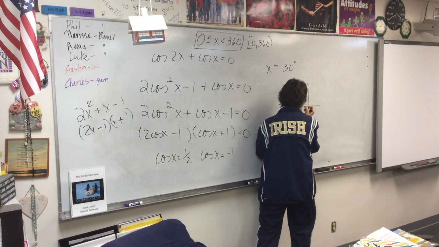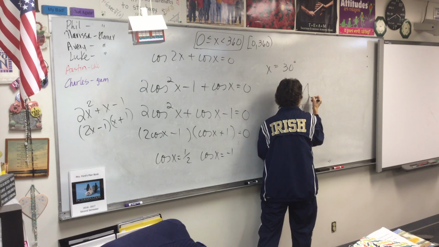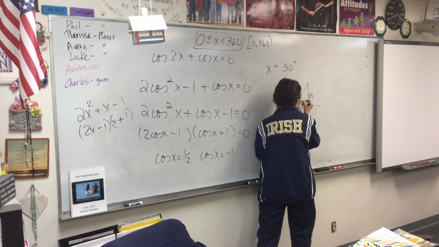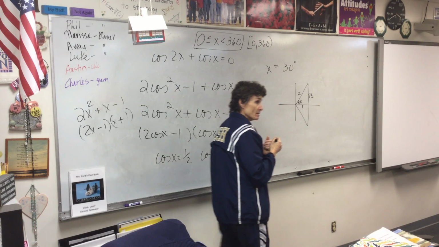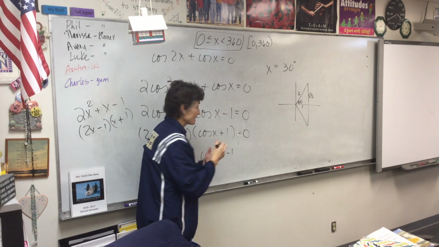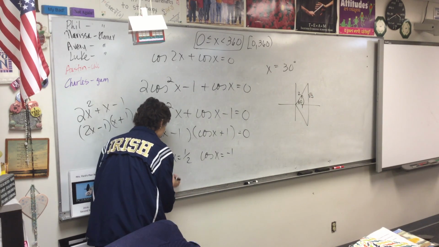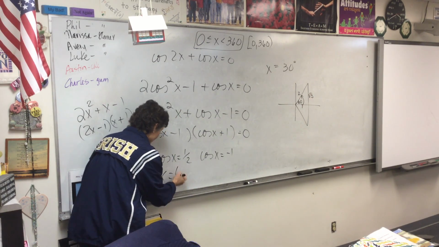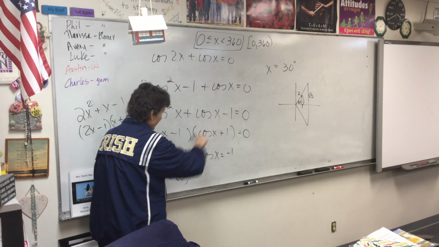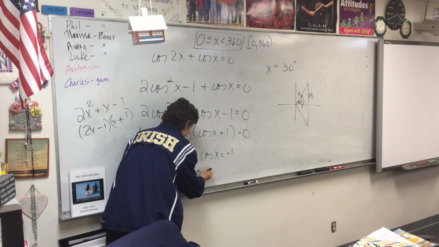And if the cosine is 1/2, then this is root 3, and I heard somebody say 60. So the reference angle is 60. One answer is 60. Remember, x equals is your answer, and one of them is 60. What's the other one? 300.